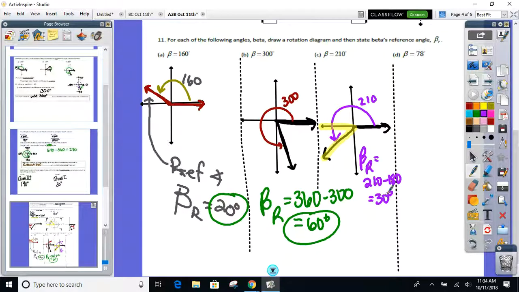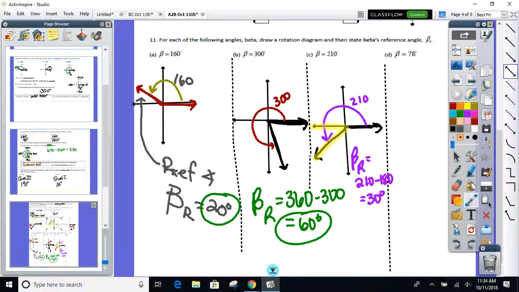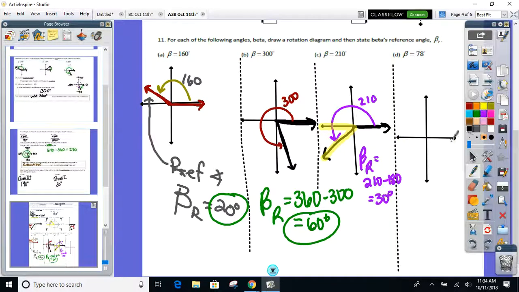How about this next one? 78. Anybody got a problem? What quadrant am I in? Let's just graph it and talk. Yes, Anna?